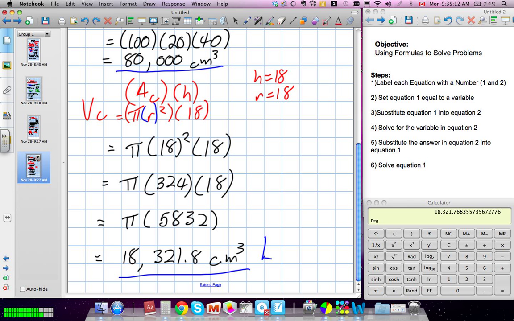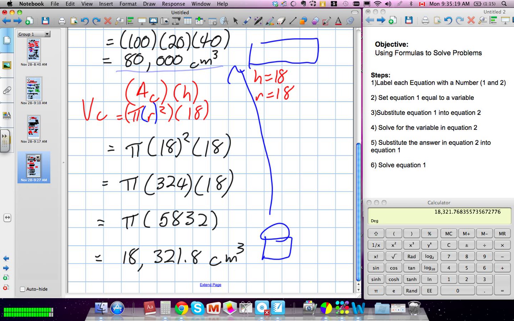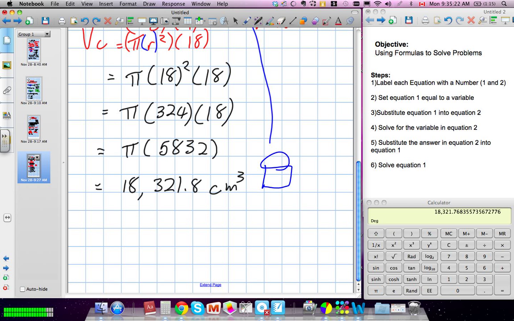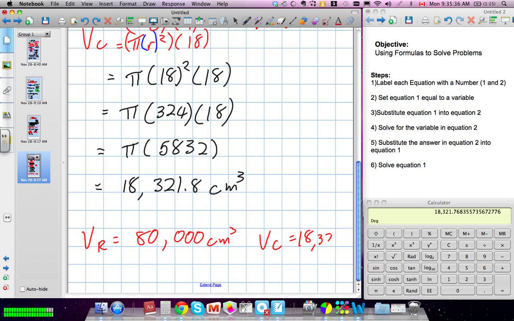What will our formula be again for those two numbers in order to figure that out? So we have volume of the rectangular object is 80,000. Volume of the cylinder is 18,321.8.